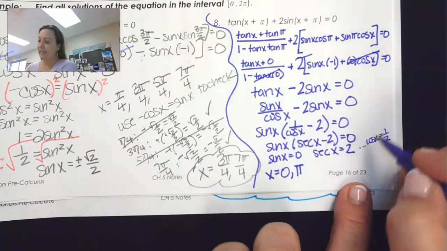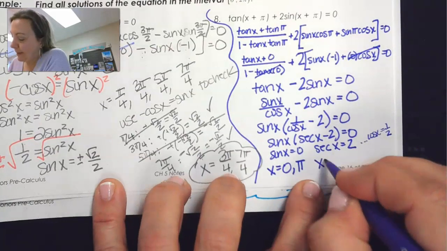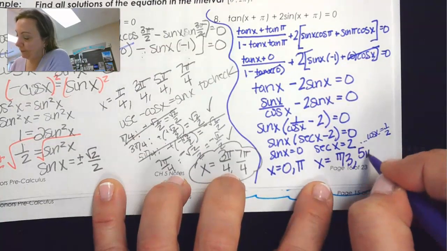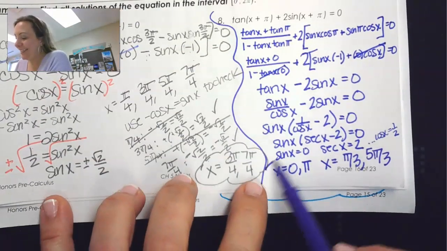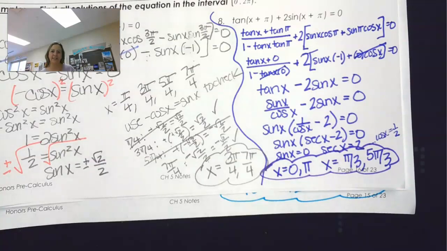Remember, if you need to think about that, you could do that. And we know that cosine is positive in quadrant 1 and 4. And those would be the values. And I know we always should check, but we didn't square in this case. So just for time's sake, I'm going to say we're good.